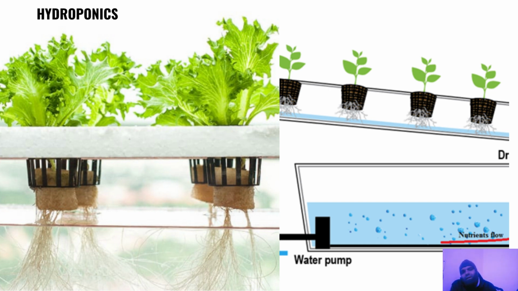The water contains nutrients, and sometimes we might choose to aerate that water to keep oxygen levels high in that water, and that is sufficient. We don't need soil. And while it does require some amount of water, water loss in this method is almost zero. Whatever water is lost is from the plant in its natural course. There is no actual water wastage in this method.